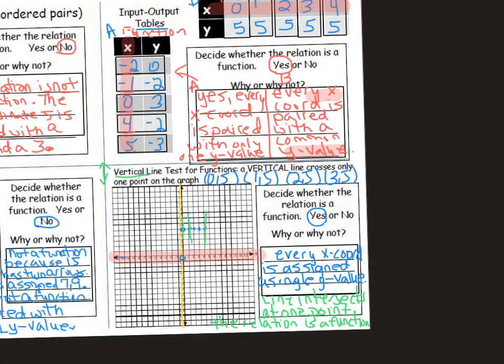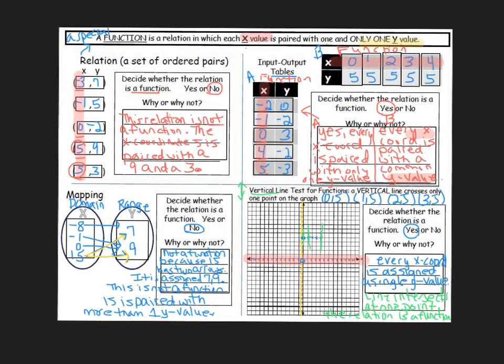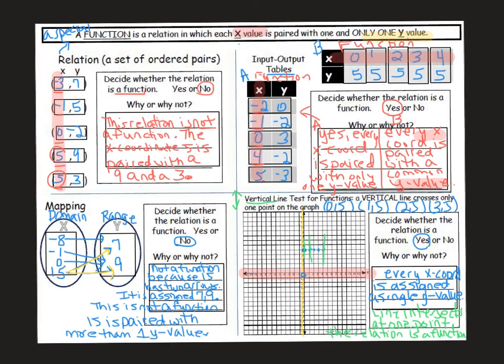So I know this was quite a bit of notes in today's lesson, but you're going to hear this vocabulary throughout the week, and I want to make sure that you understand the difference between a relation and a function. So this is a good set of notes to place in your math notebook so that you can reference it through this unit that we're going to be studying.